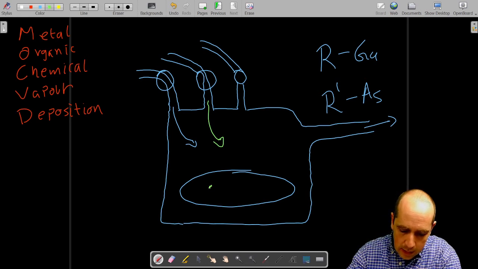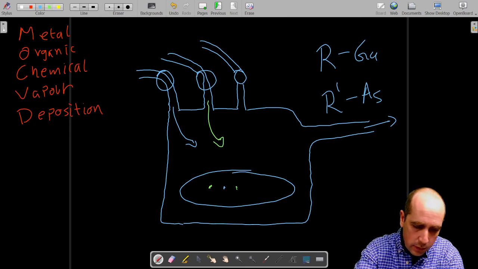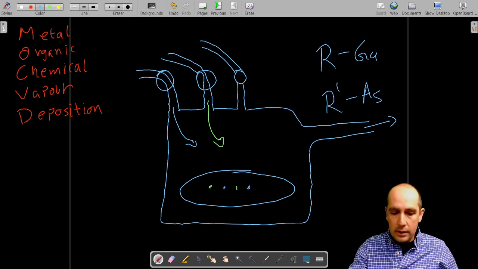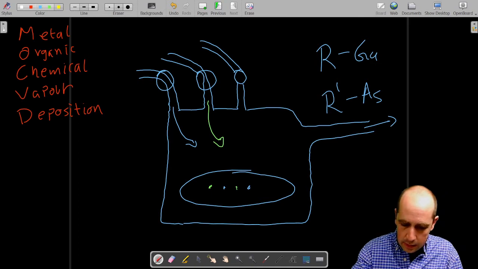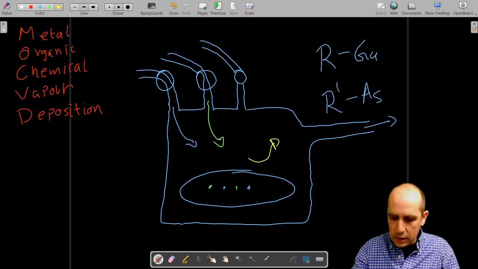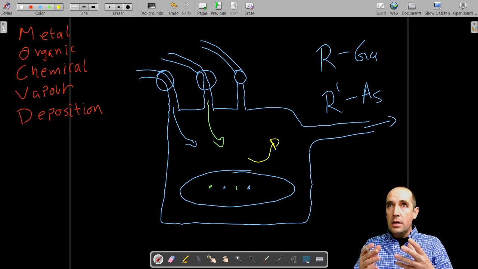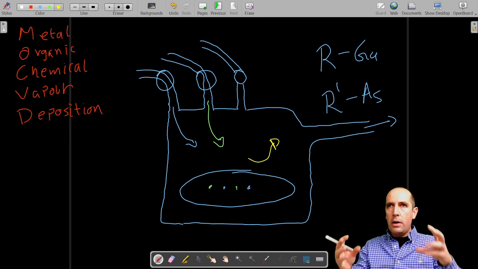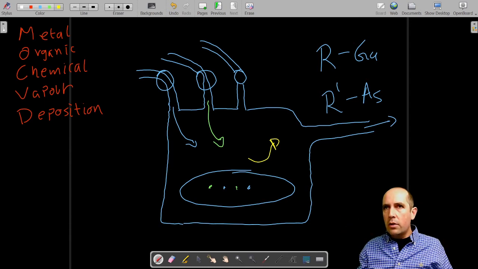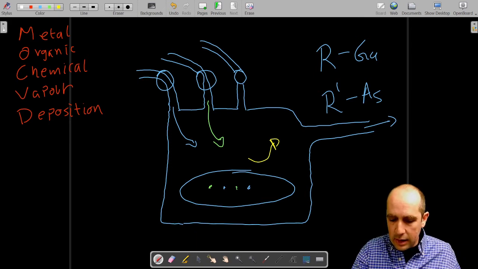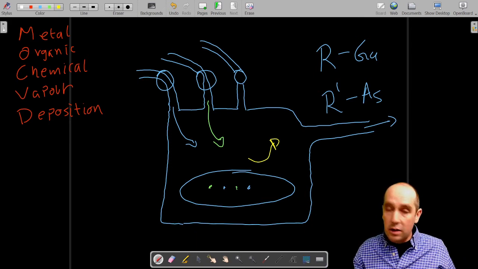So the gallium and arsenic atoms start locating on the lattice, on the surface of the wafer, and the rest, whatever results from the chemical reaction, so these are bound to R prime or a series of other organic compounds that usually are just the rest of the organic molecule that come with the gallium and the arsenic, are exhausted again as a gas that is just taken out of the chamber and disposed of.